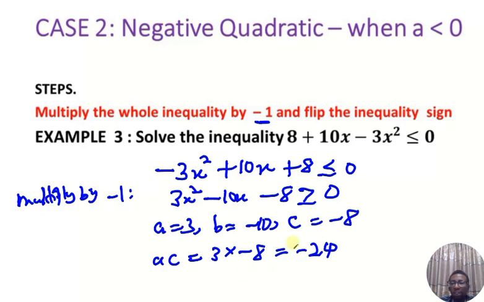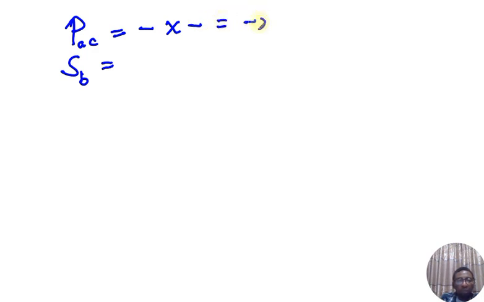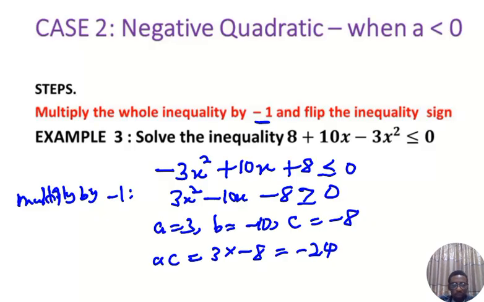So you look for the product of AC and the sum of B. Think of two numbers that when you multiply them together, you get minus 24, and when you add them together, you get our B. Let me check: our B was minus 10.